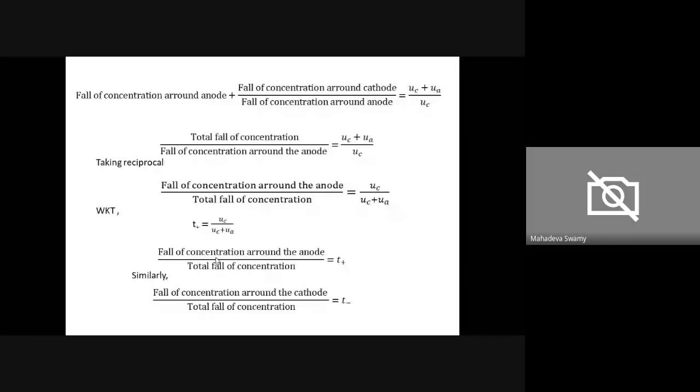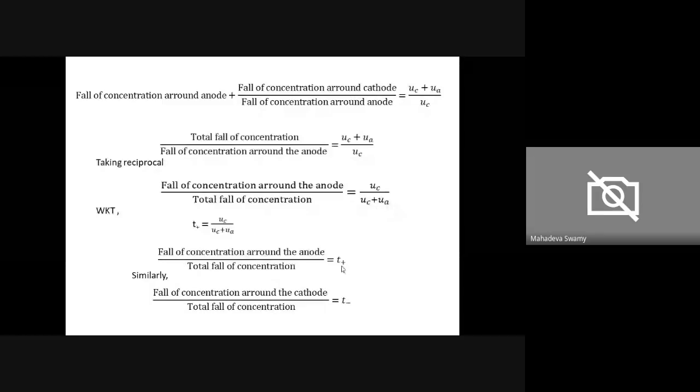So we know the concept of the transport number of cation and the transport number of anion. With the help of this representation, I will write it like this: fall of concentration around the anode divided by total fall of concentration is T plus, instead of UC divided by UC plus UA.